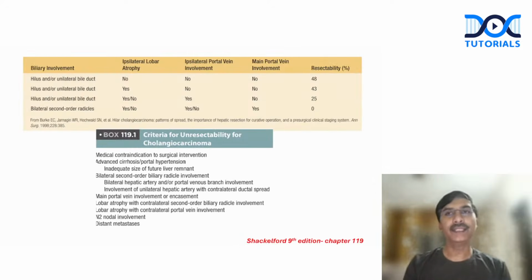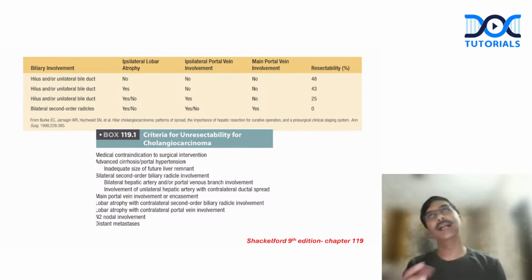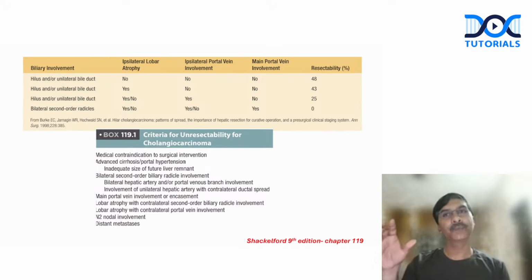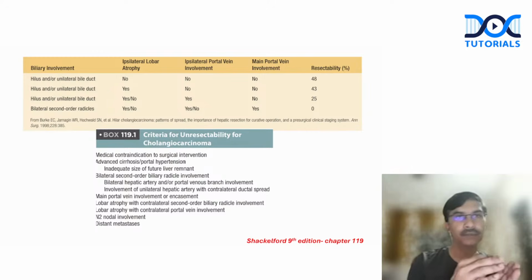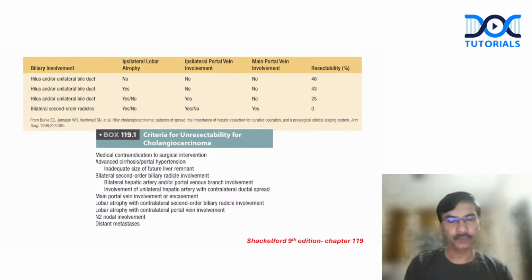Now, the resectability criteria for hilar cholangiocarcinomas depend upon what side the portal vein is involved, what side atrophy is there, or what side second-order biliary radicals are involved. For example, if the hilum involves unilateral, for example right-sided second-order biliary radical with right portal vein, then they are resectable.